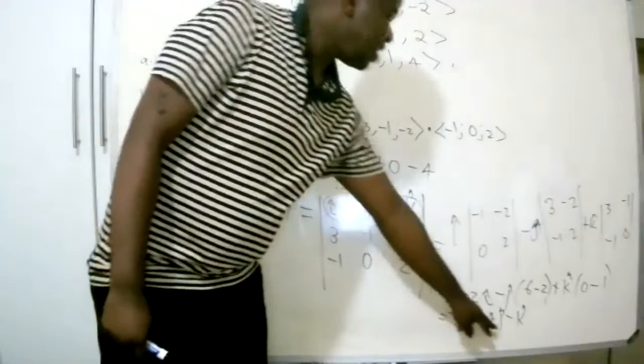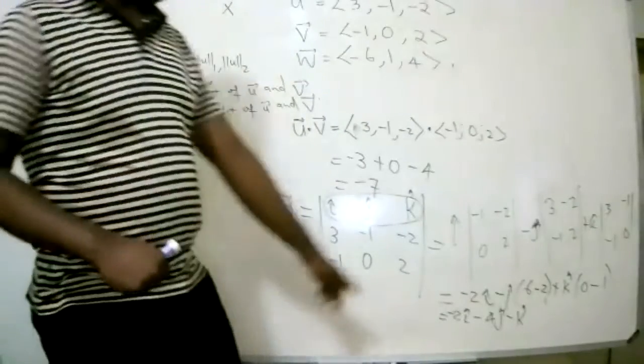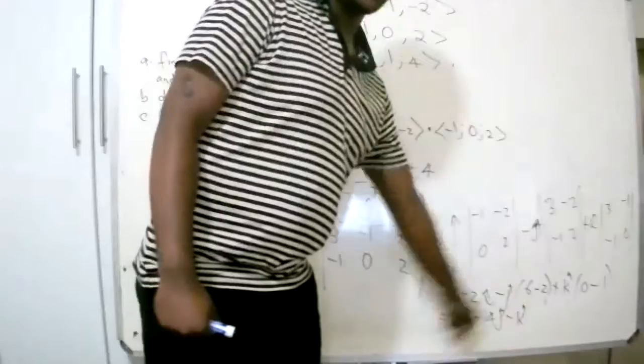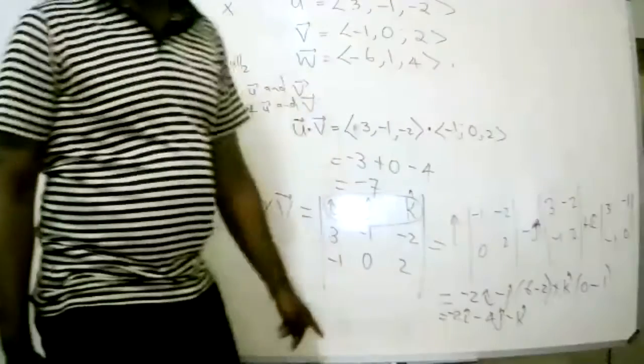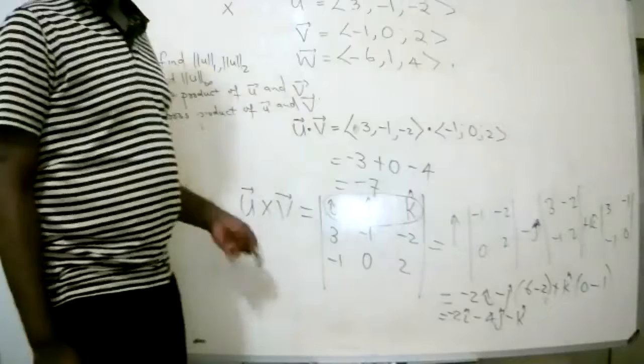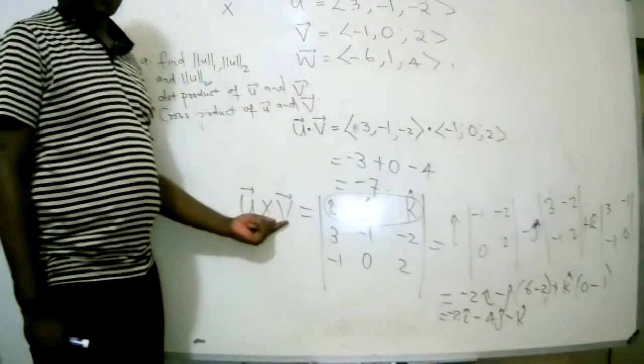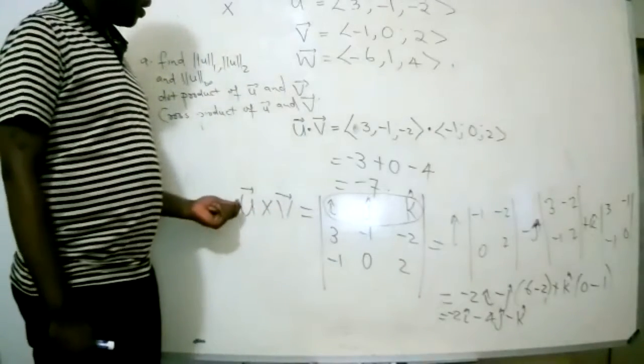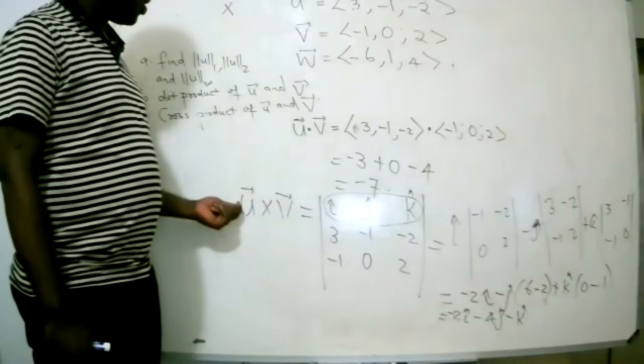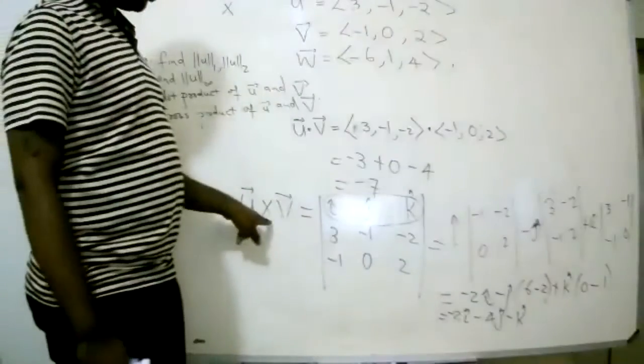So the i, j and k indicate the direction of a vector. So in these notations, the answer of the cross product is at all times perpendicular to u and v.